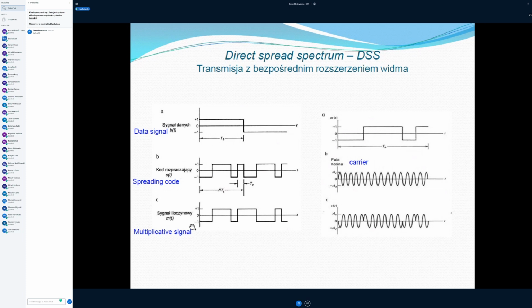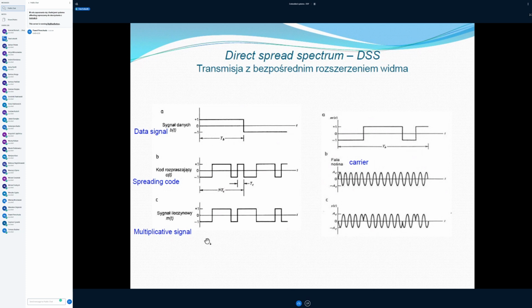So in this case, we have 0, 0, 1, 1, 1, 0, 1. And now the inverse of this bit would be 1, 1, 0, 0, 0, 1, 0. And this is the signal we transmit.